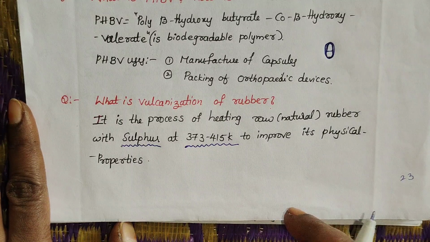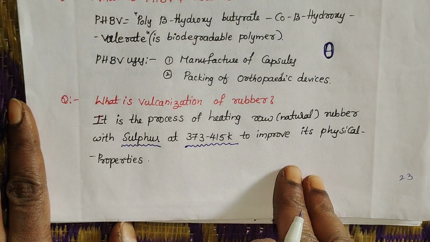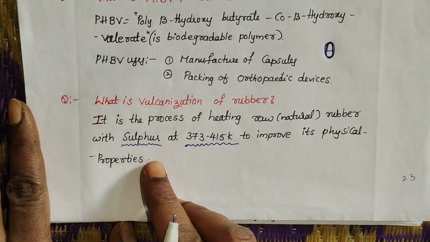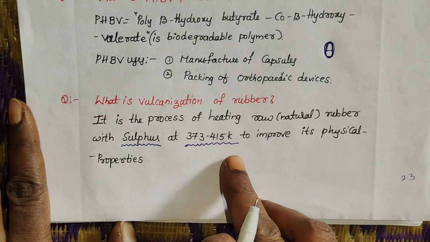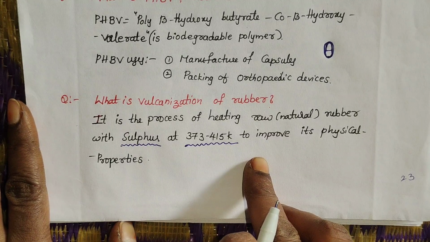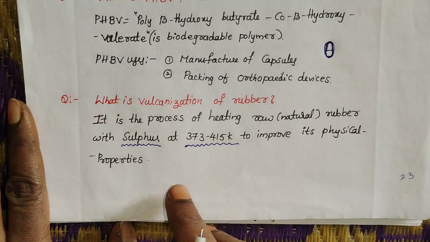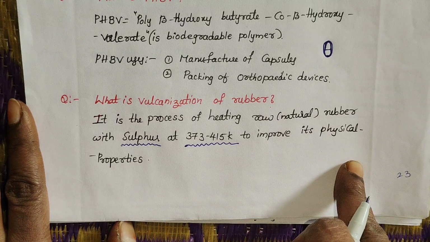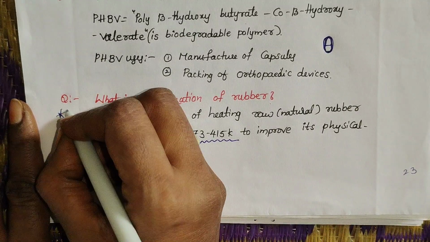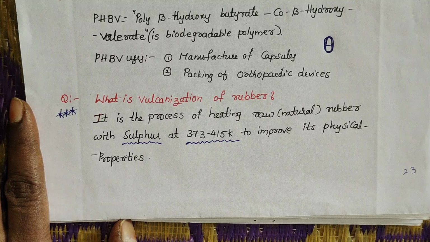That process is known as vulcanization of rubber. It improves the physical properties of natural rubber. That's it. Okay, it is also a very, very important VSAQ. We may expect this type of question.